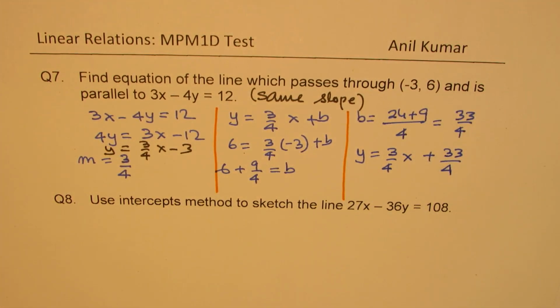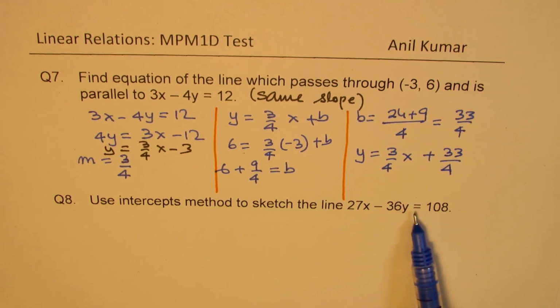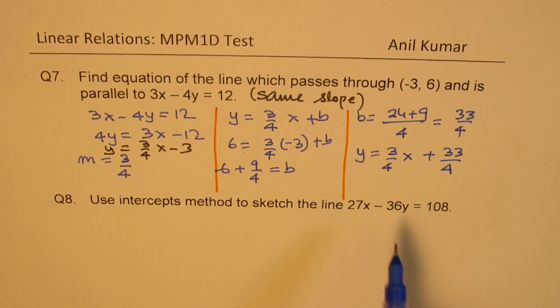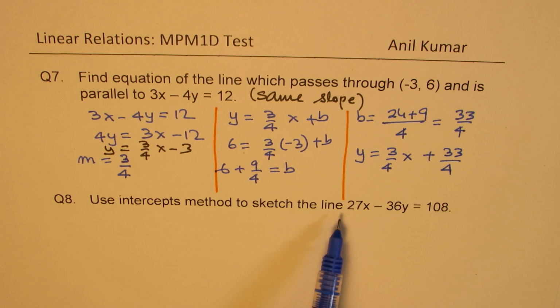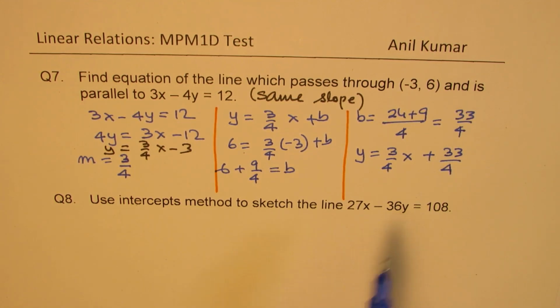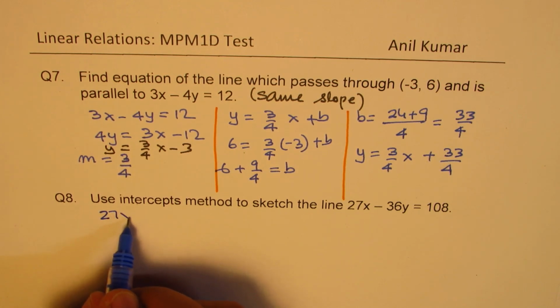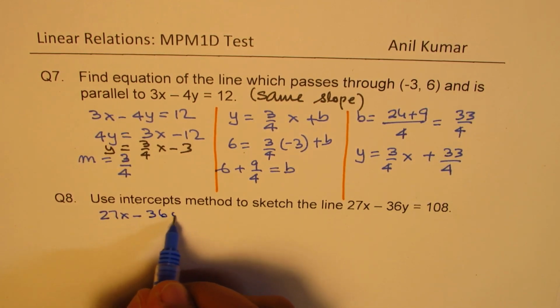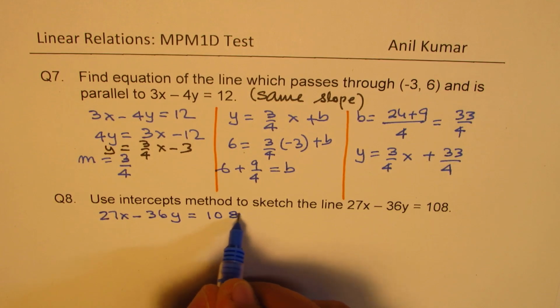Question number 8 here is, use intercepts method to sketch the line 27x minus 36y equals to 108. So we need to first find the intercepts, right? And then we'll use this particular method. So in this equation, 27x minus 36y equals to 108.